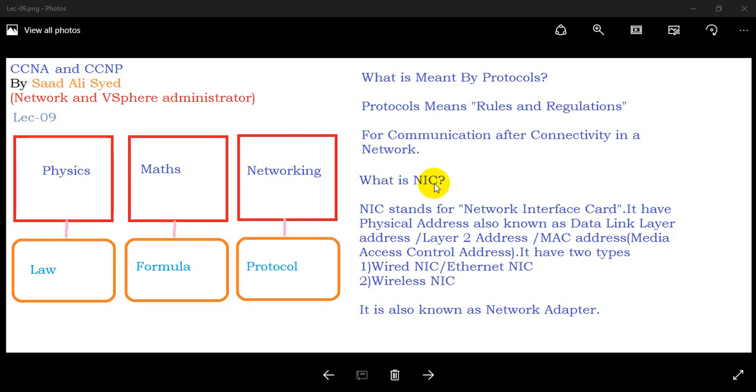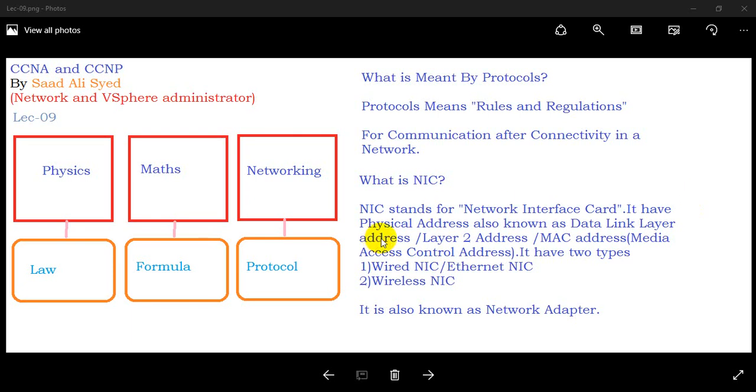Let's move forward. Question is, what is NIC? NIC stands for Network Interface Card. Again, I'm repeating, NIC stands for N for network, I for interface, C for card. Network interface card. It is basically a type of card which has an interface or port in its outer shell, and it is used in a network.